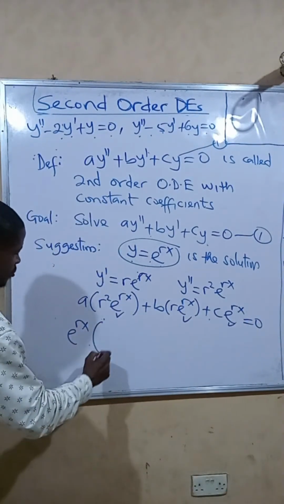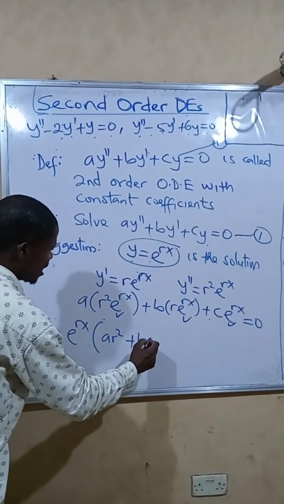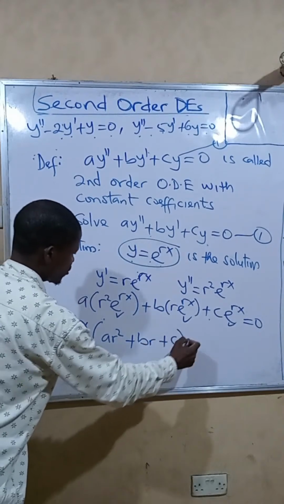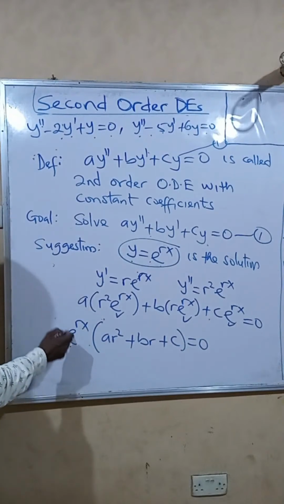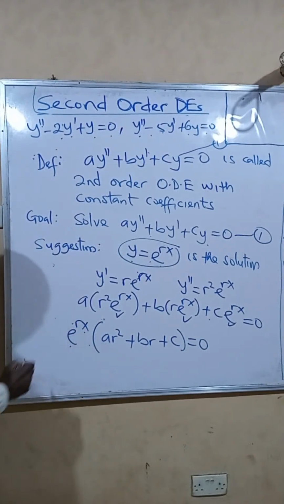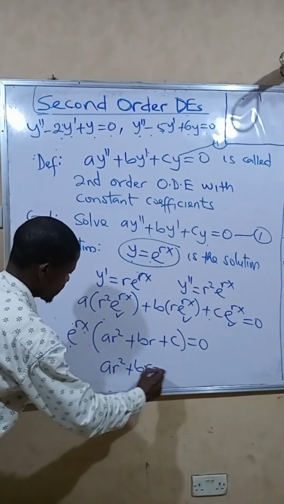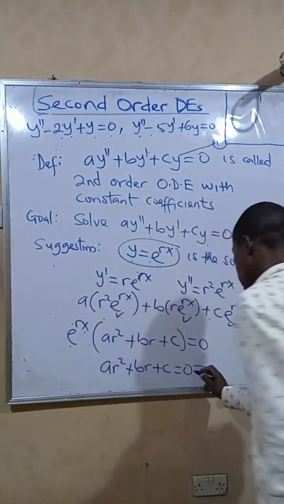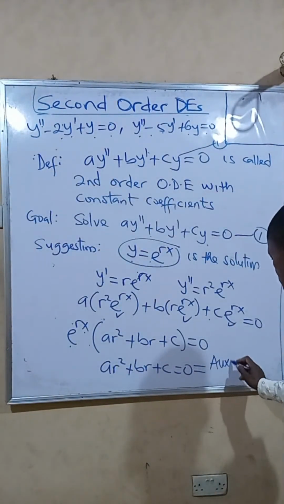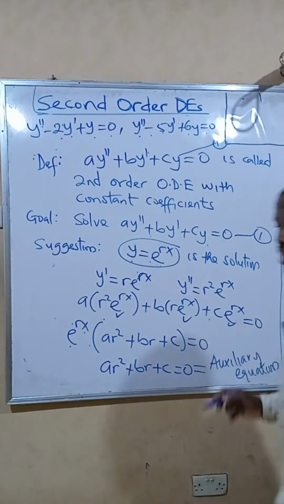If you factorize that, you're going to have a r squared plus b r plus c equal to 0, after dividing the equation by e to the power rx. And this is called the auxiliary equation.